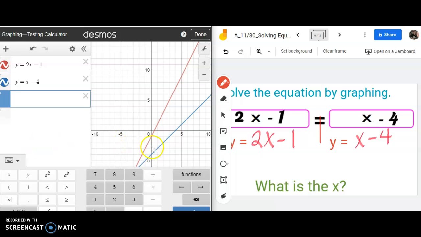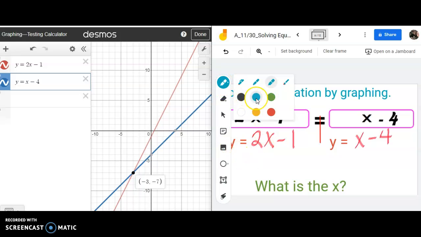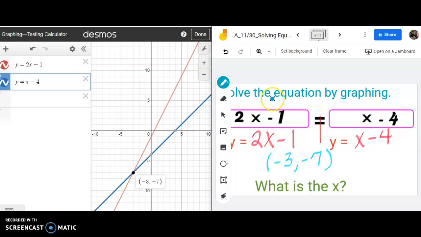Okay, so what you have to do now is find the point where your lines intersect, right? If you click on it in Desmos, it pops up and it stays there, right? So it's -3, -7. I'm going to write that down. So over here in my Jamboard, I'm going to write -3, -7.